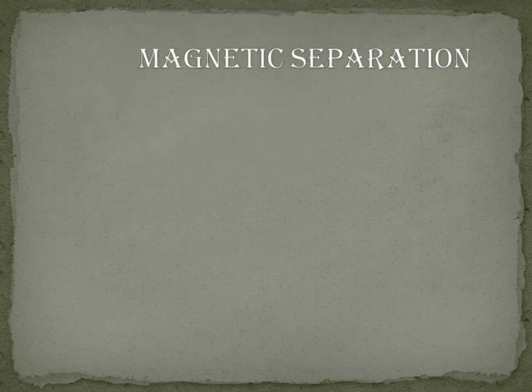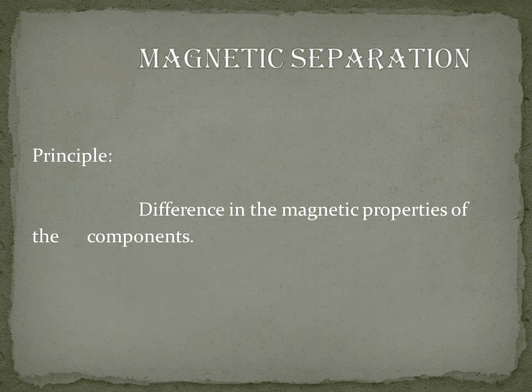The principle is the difference in the magnetic properties of the components. Using this method, magnetic components such as scrap iron or other metals that get attached to a magnet can be easily separated from a heap of waste.